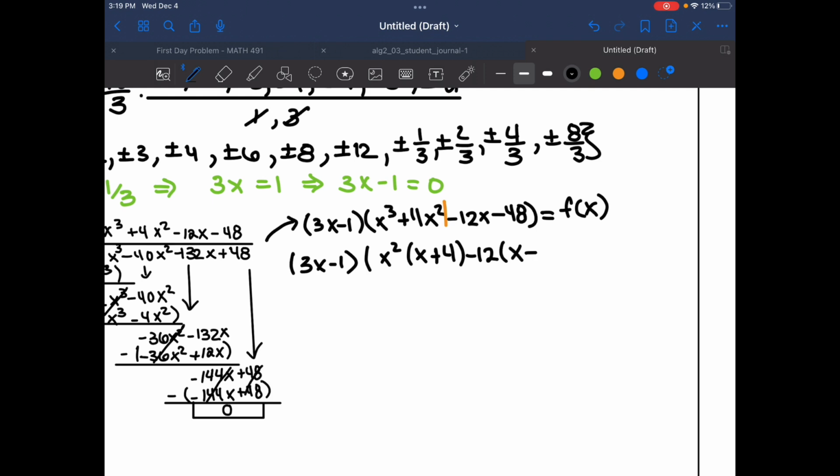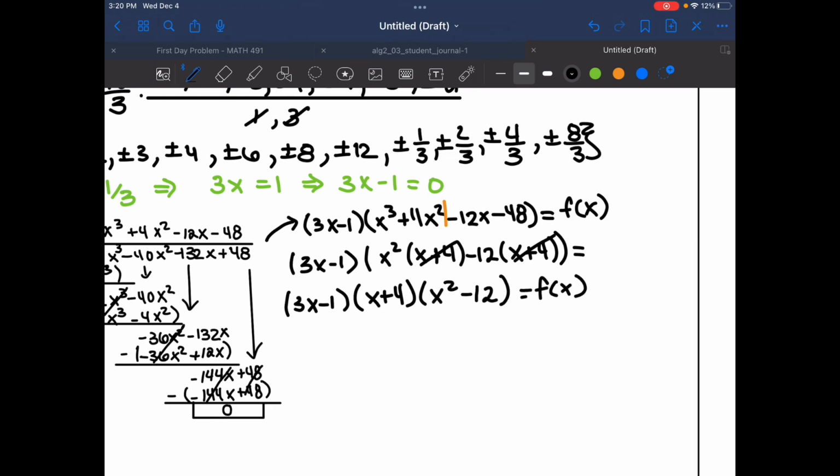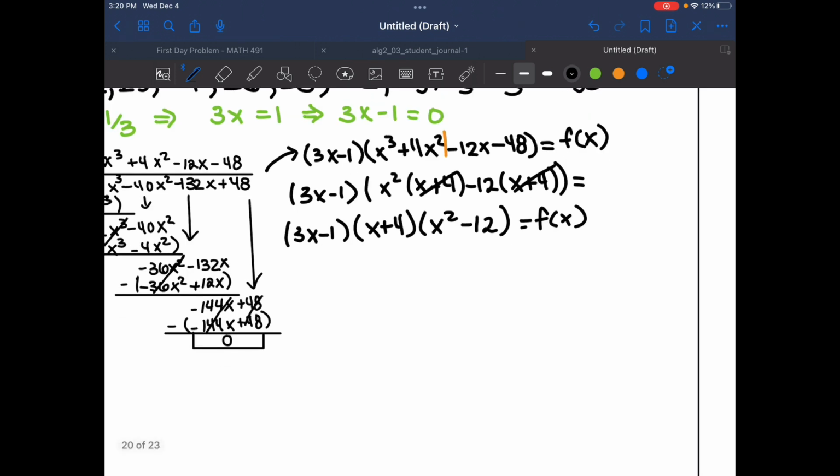So this is going to leave me with an x plus 4. Okay. Now I can go ahead and rewrite it as 3x minus 1, x plus 4, because these are the same. And that leaves me with an x squared minus 12, okay, equals f of x, okay?